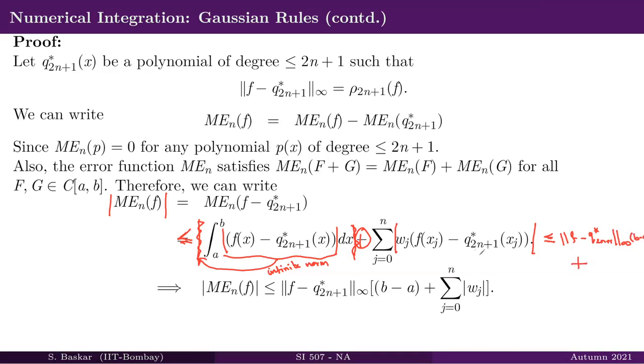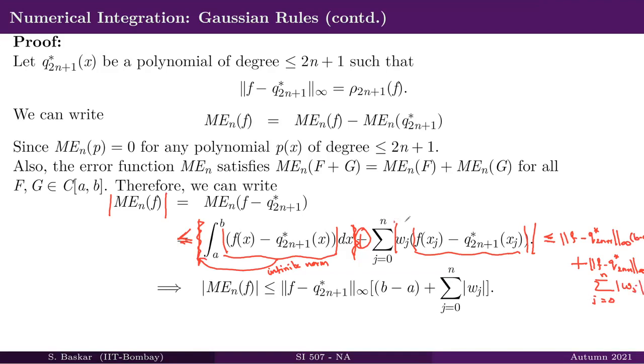And what is the second term? For the second term, again, you take this modulus and dominate it by its infinity norm. Therefore, it is the infinity norm of f minus q star 2n plus 1. And what remains is the sum over j equal to 0 to n of the modulus of wj, right?